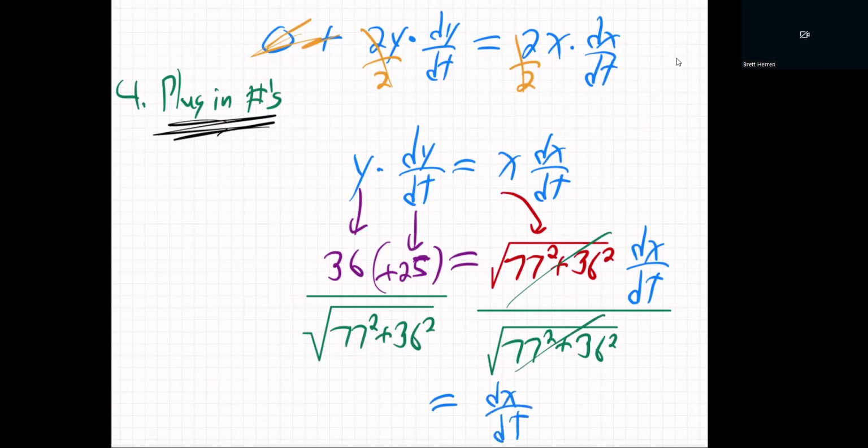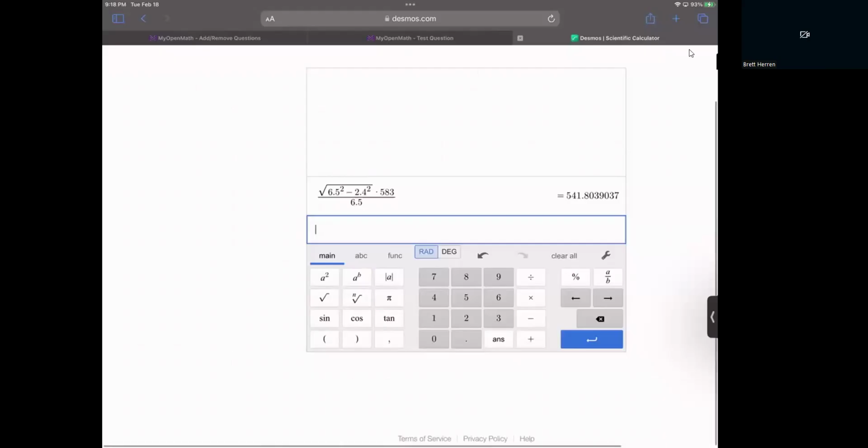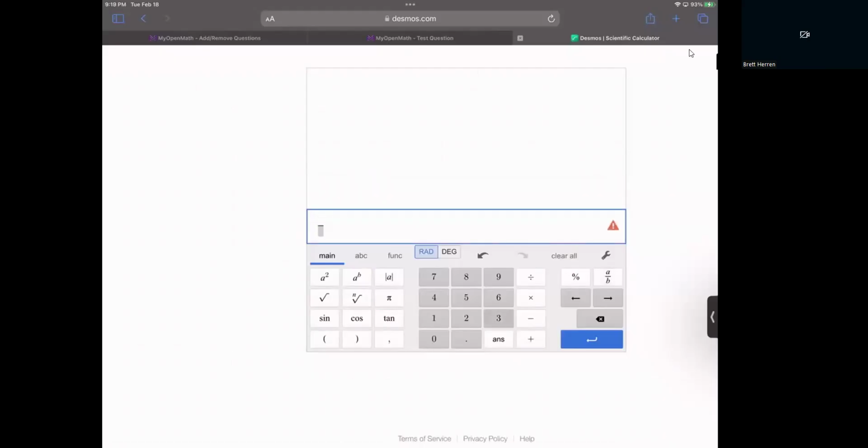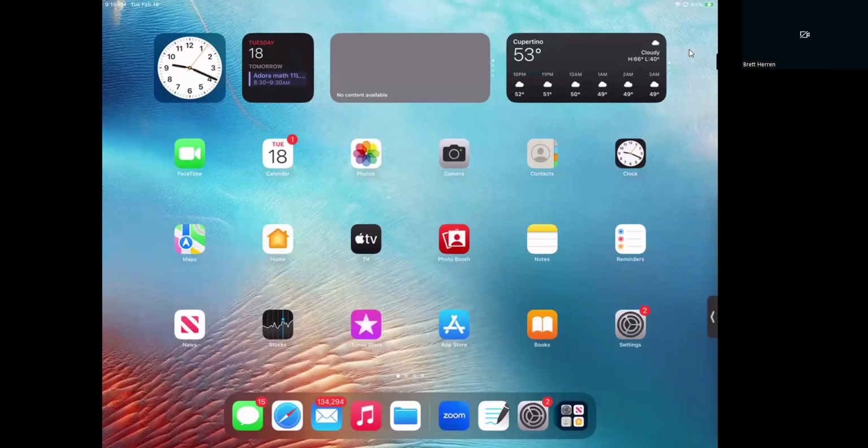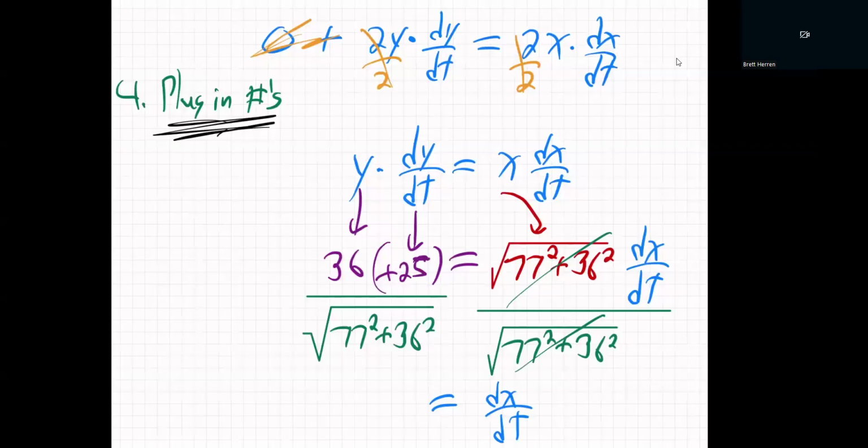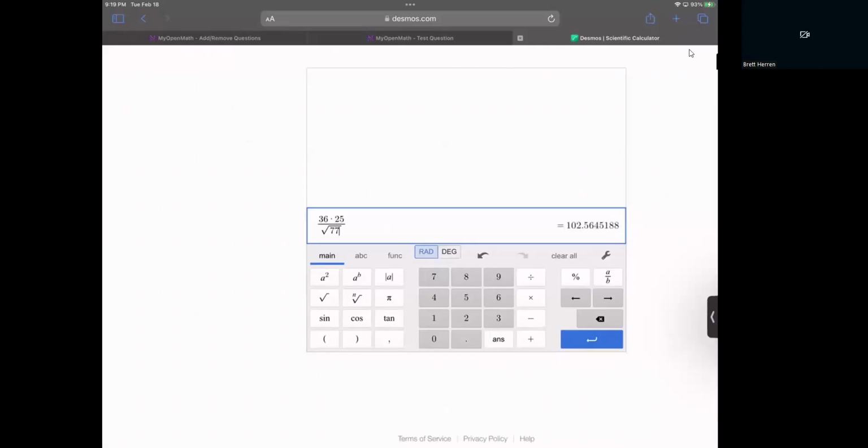Let's go to Desmos. 36 times 25 over the square root of 77 squared plus 36 squared. There it is.